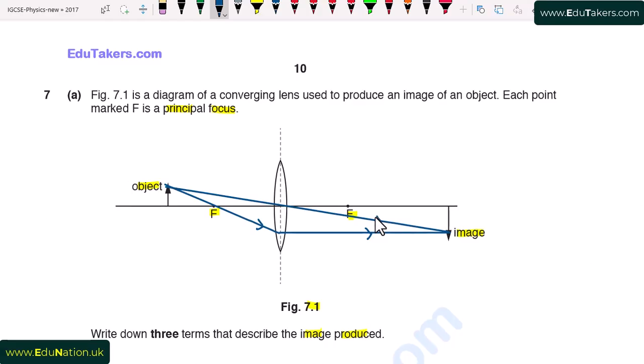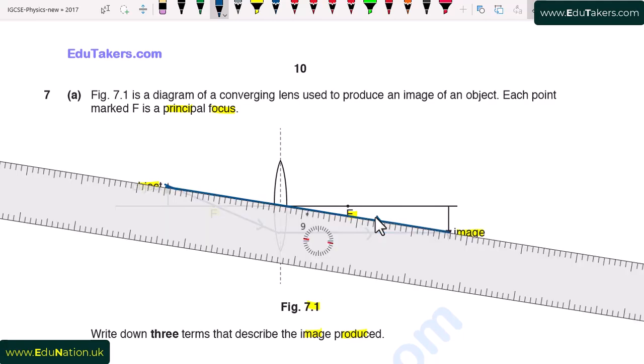The third ray is that, first of all, it is parallel to the principal axis, and then by refraction through the lens, it passes through the focus point. I also draw this ray.